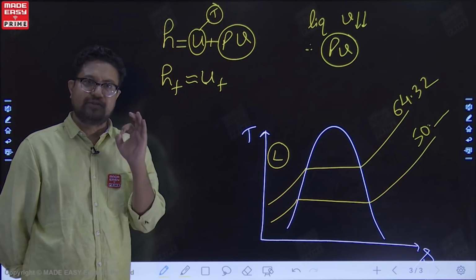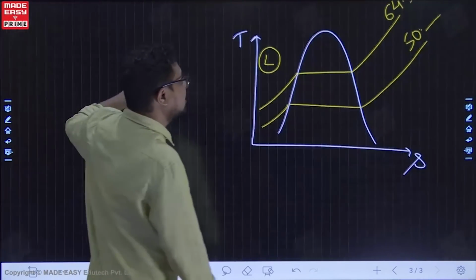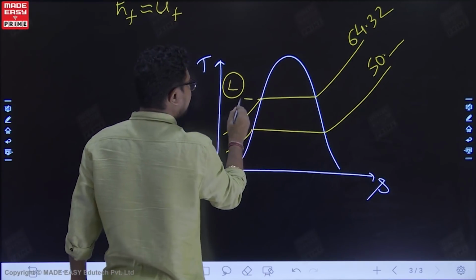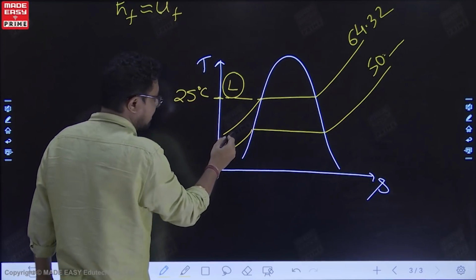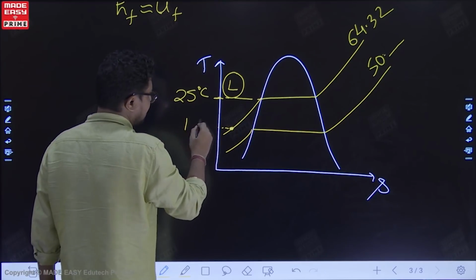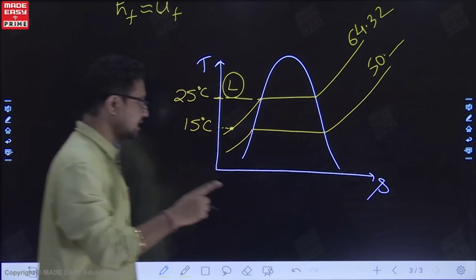That means if you want to see the value at 15 degrees Celsius, for 64.32 pressure, the phase change was at 25, but we have to see the value at 15 degrees Celsius. We have to see the value at 15. Getting my point?